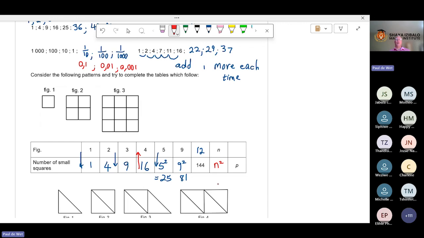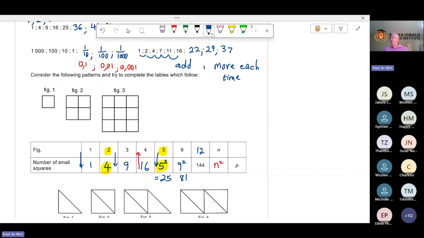Now, a whole lot of you are asking, why n squared? What is n? N can be anything, guys. N can be any number. If n is 5, then we square 5. If n is 2, then we square 2. If it's n, we write n squared.